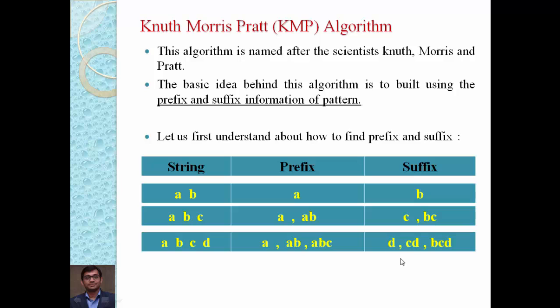So in this way we have to identify prefix and suffix information of the pattern, and this information is very important in our KMP algorithm to shift our pattern when we match our pattern with the text.